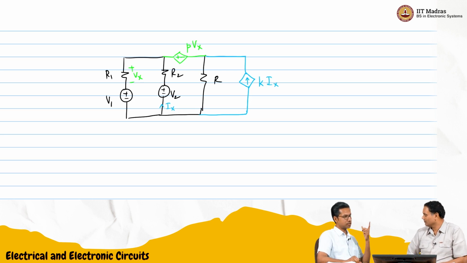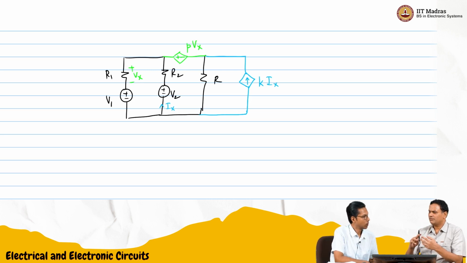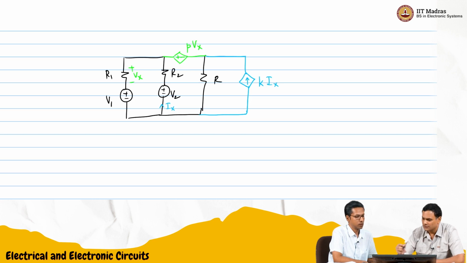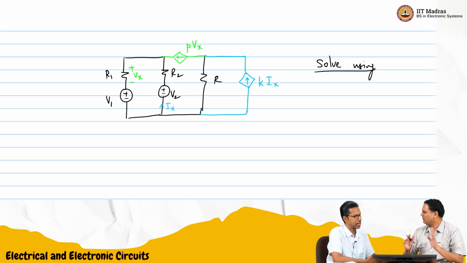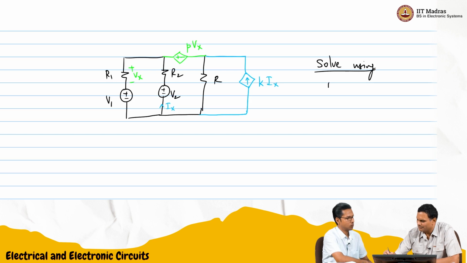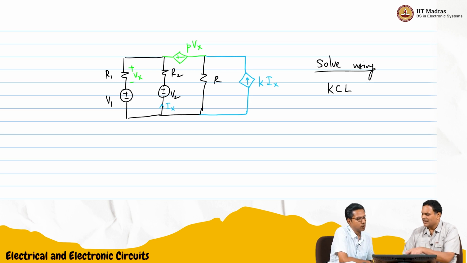So this analysis that we learned before, nodal and so on, can I use those in this also? You can use those because we only used three sets of equations to solve. Those come from basic physics: KCL, KVL. We used KCL, since in steady state there is no accumulation of charge at any node. We used KVL because the potential difference between two points is the same irrespective of which path you take.